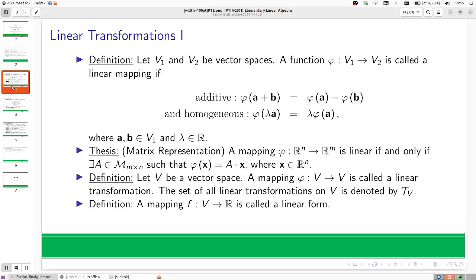If you have a vector space and there is a mapping from that vector space to the same vector space, then it's a linear transformation. And the set of all linear transformations on the vector space V is denoted by T(V). If you have a mapping from the vector space to the real numbers, we call that a linear form.